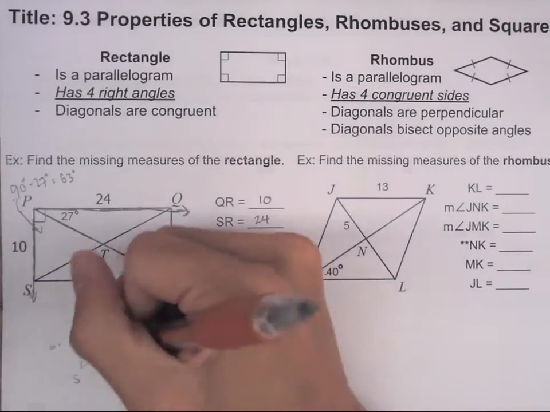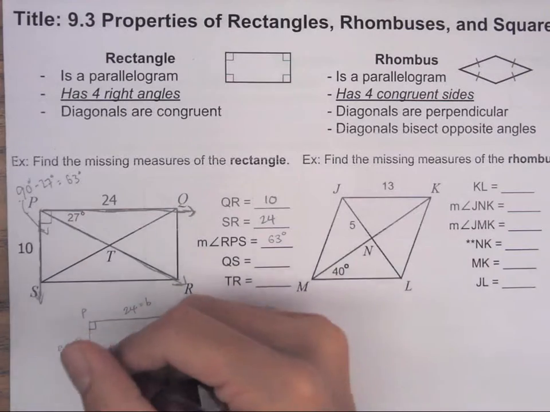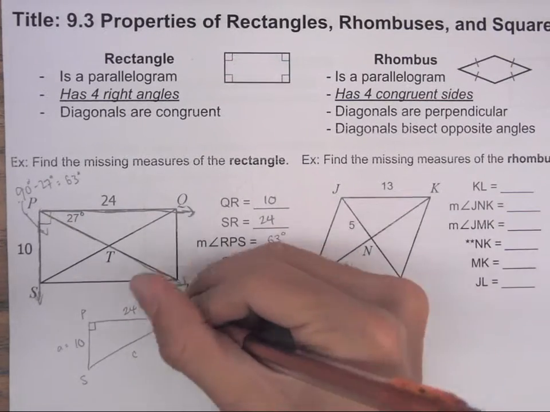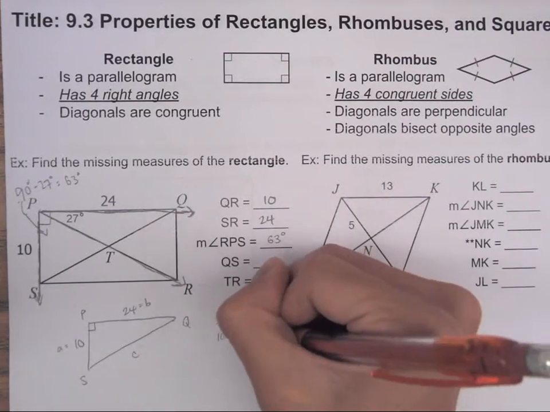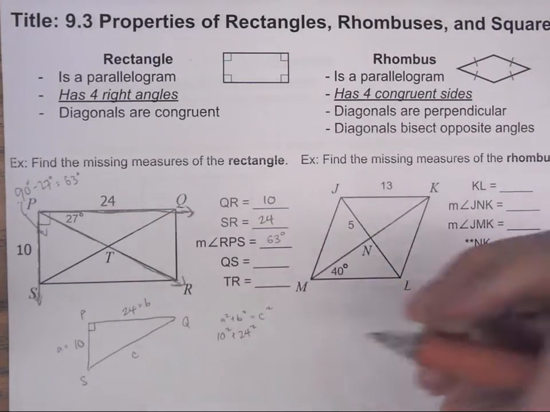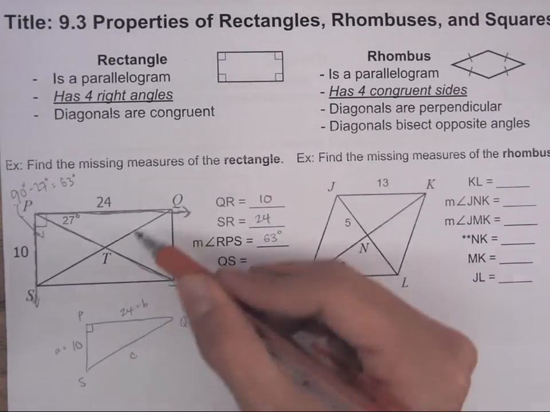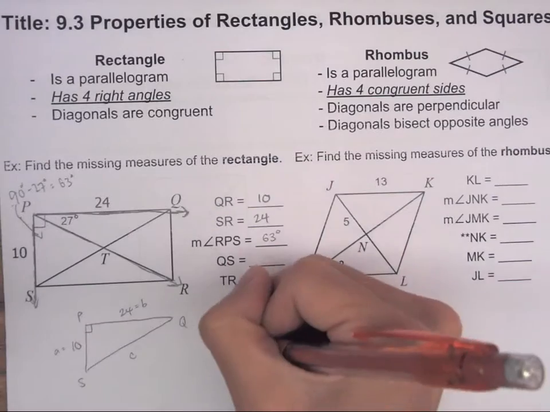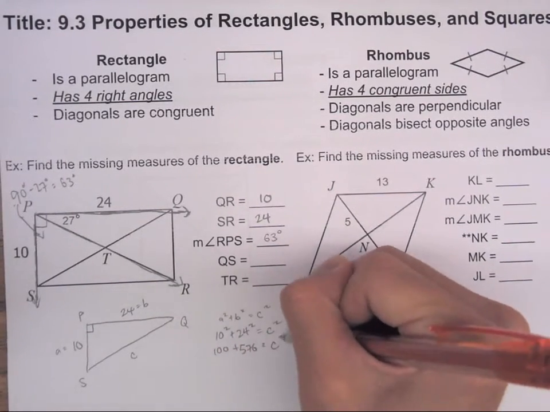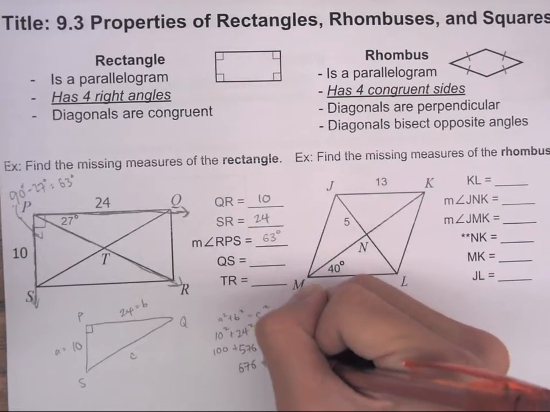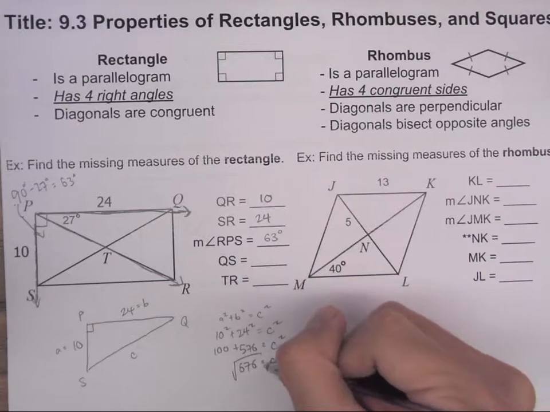So this is 10 squared plus 24 squared equals C squared. C in this case is equal to QS. So this is 100 plus 576 equals C squared. Add these up, 676 equals C squared. If I want to solve for C, just take the square root.